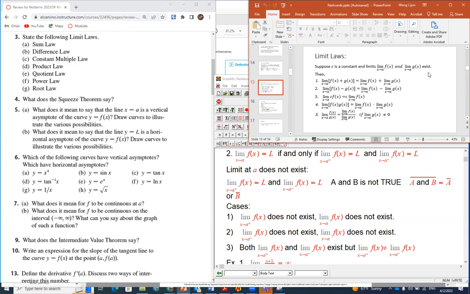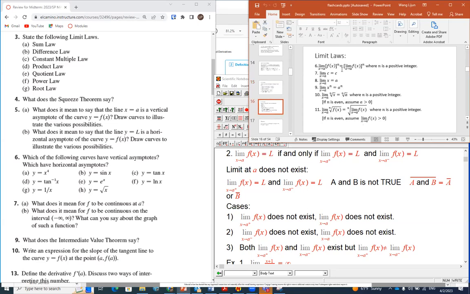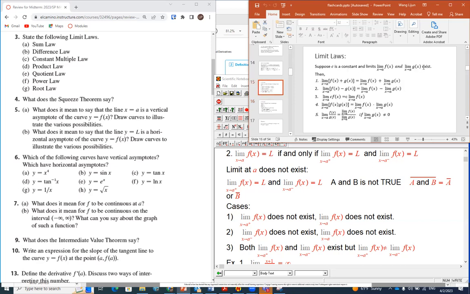Once you know they exist and don't cause a 0 denominator, then you can use them. You can take nth powers, and you can take roots as you wish. So you want to bring these 4 cards of limit laws together, or you can condense them into one, just to make sure you understand that. Always check those conditions.